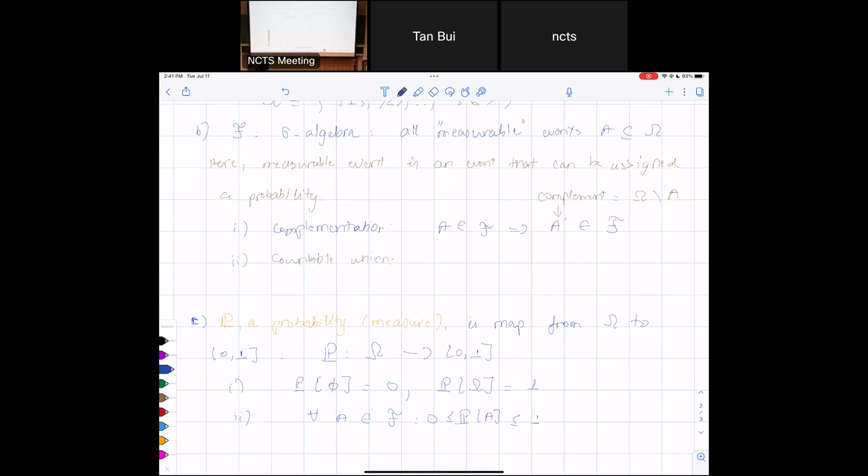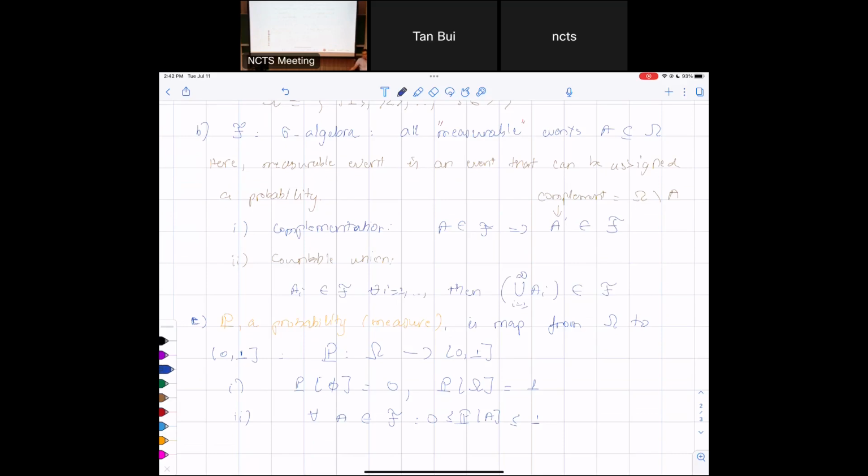What it means is that if A_i is in F for all i from 1 on, then the union of all A_i, i from 1 to infinity, also needs to be in F. That's a condition, something more abstract.